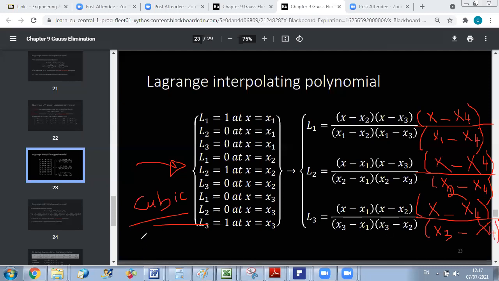I should add L4. Okay. What will L4 be? x minus x1, times x minus x2, times x minus x3.